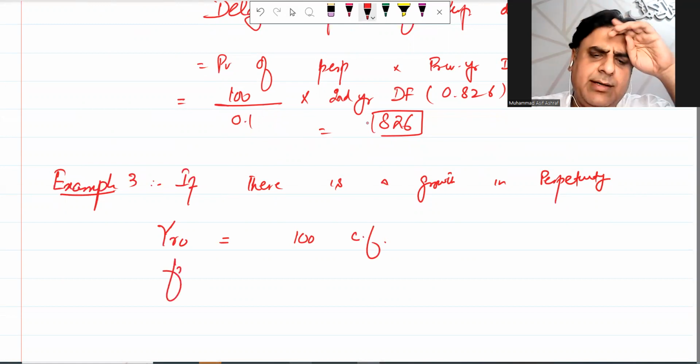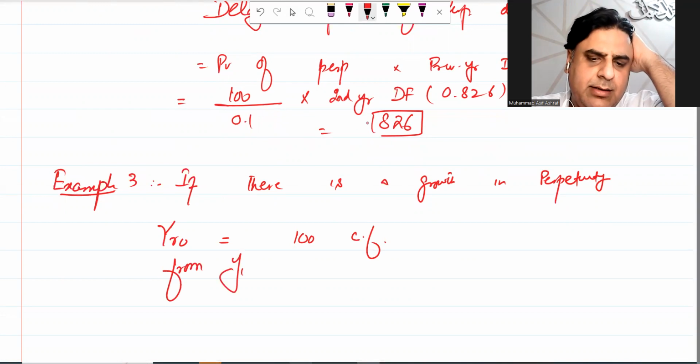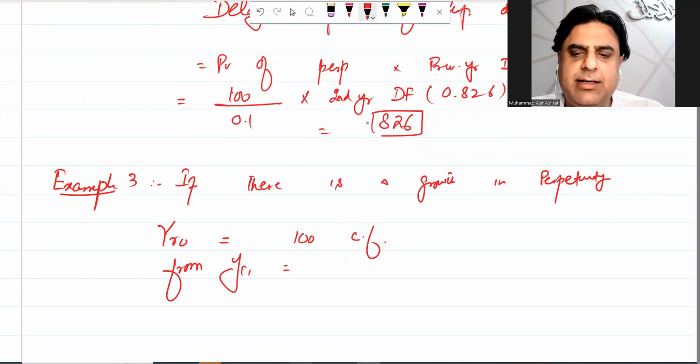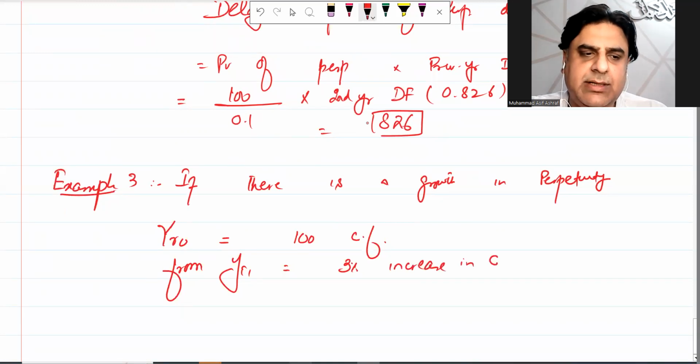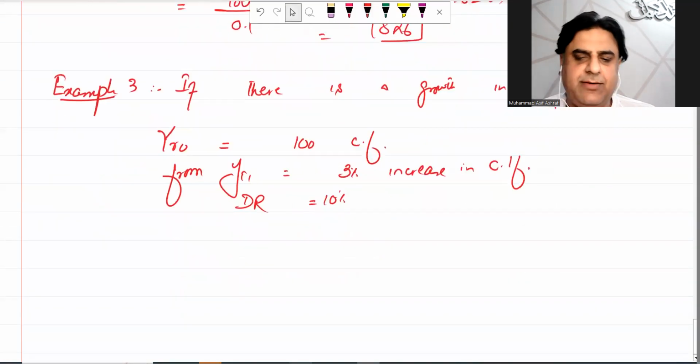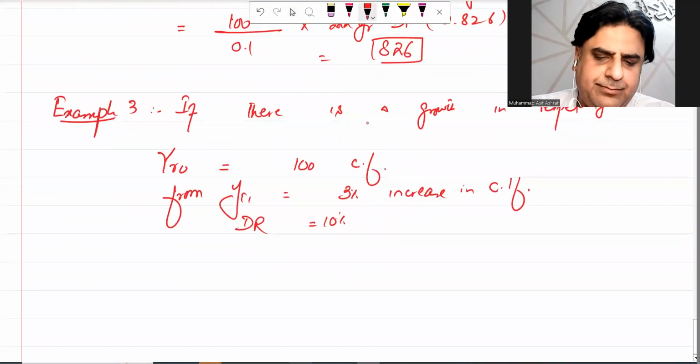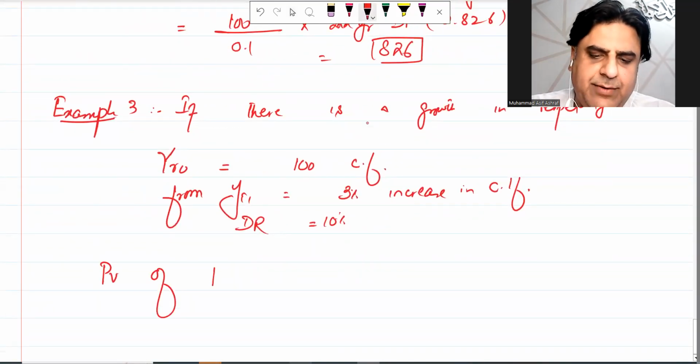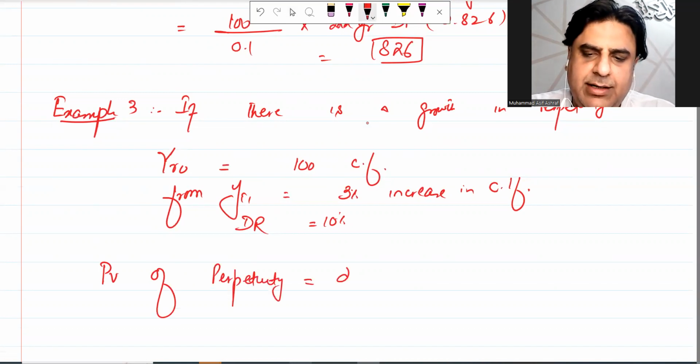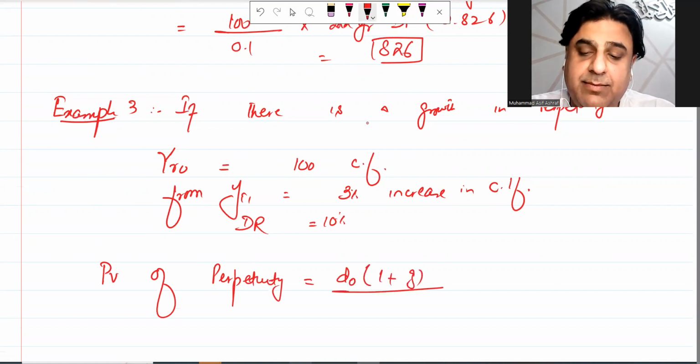And from year 1, we are expecting a 3% increase in cash flows. Discount rate is 10%. We have to find out the present value. So the present value of perpetuity formula would be D0 into (1 plus g) divided by Ke minus g.